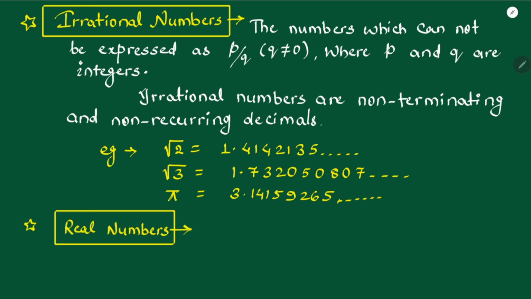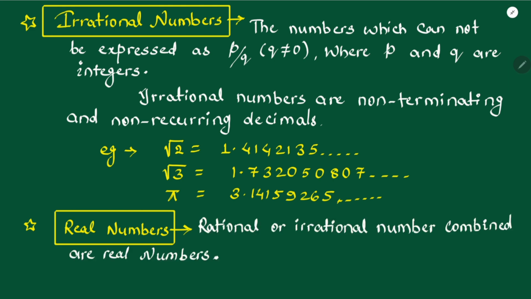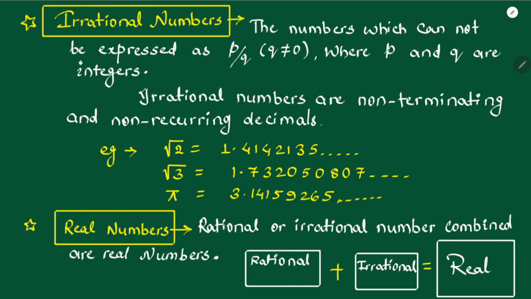Let's talk about real numbers now. Rational and irrational numbers combined are real numbers. So let's understand this.